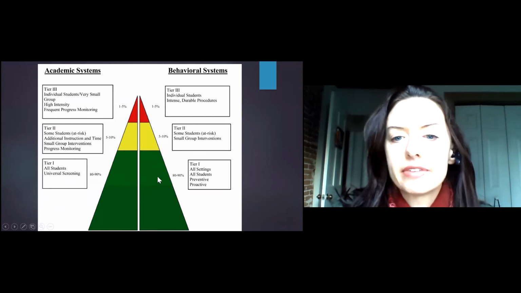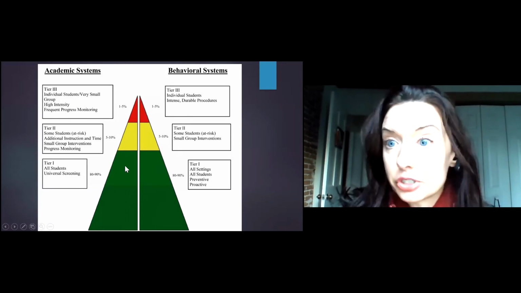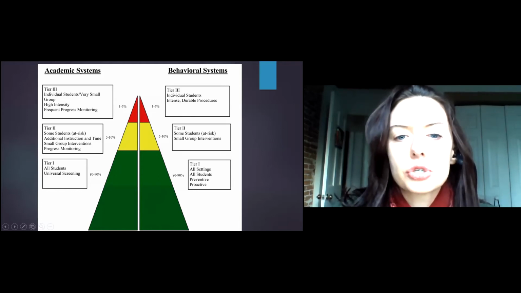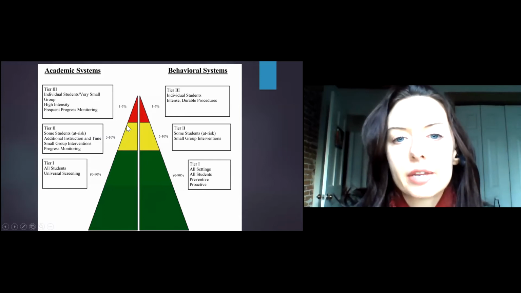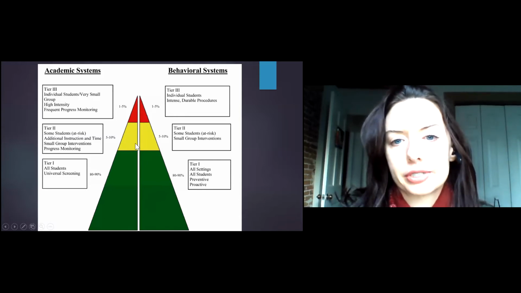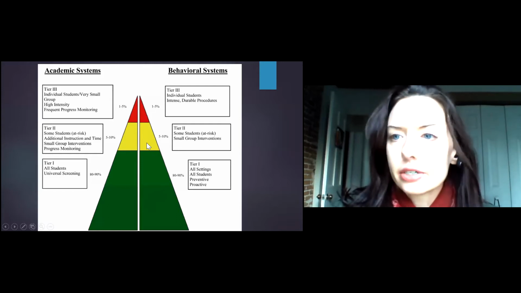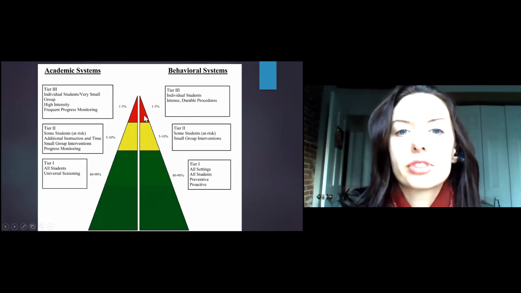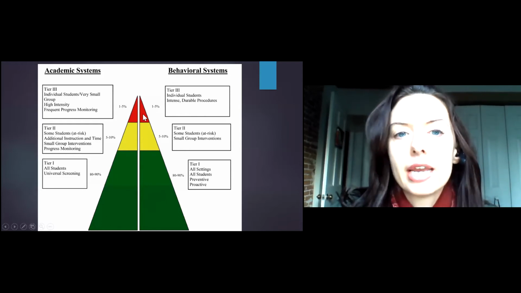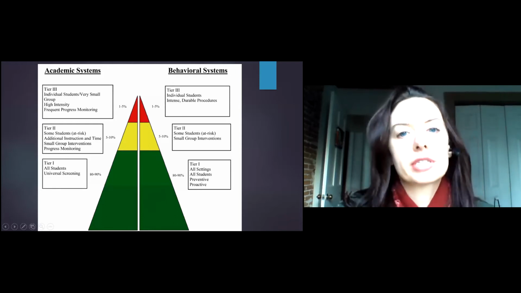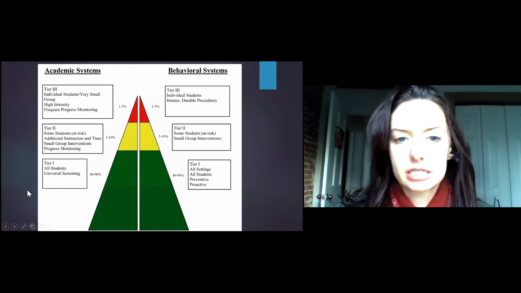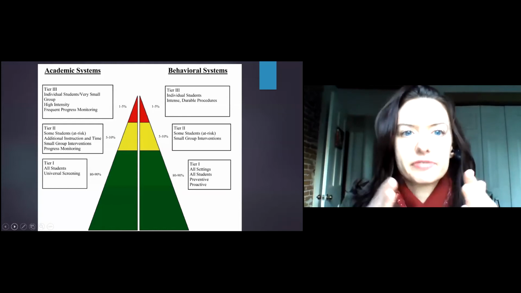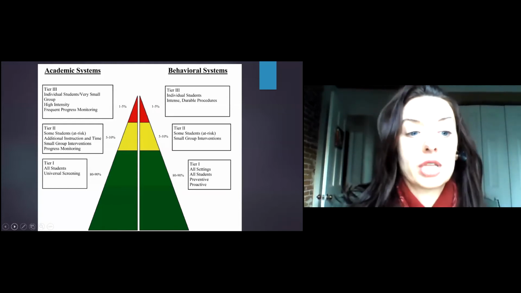All students are receiving research-based instruction, all right? And we're screening all students. Students who are showing difficulties, they are then placed in small group instruction here. And so here's where we're looking at, are they responding to intervention or not? And if they're not, then we put them in this tier 3 at the top. And this is a very small amount of students, but this is typically where we see students with math learning disability responding to that instruction. Very intensive, very small group, maybe even individualized.